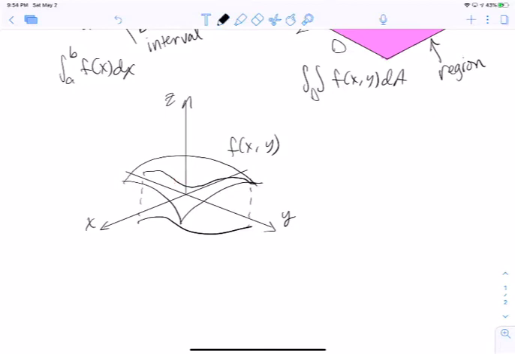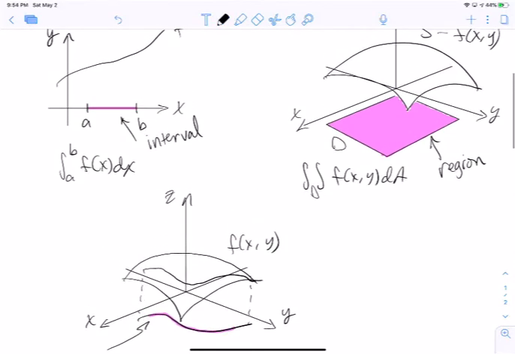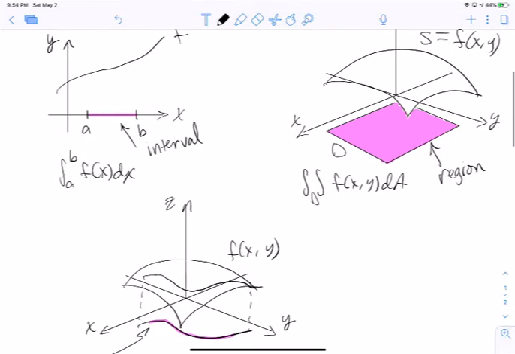The curve that we're talking about here is in the xy plane, and we're actually going to consider integrating over, say, part of the curve. The meaning of the line integral will depend on context, but for now what we can say is in R2, if I'm integrating over an interval, what I can find is the area under the curve.